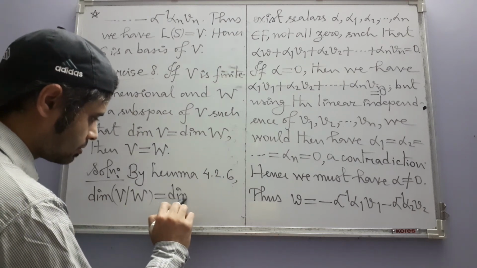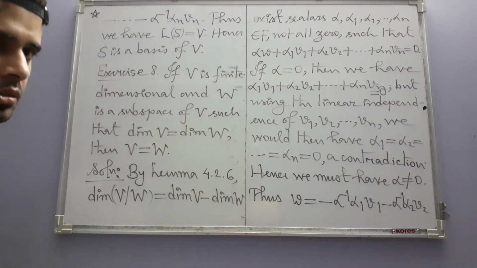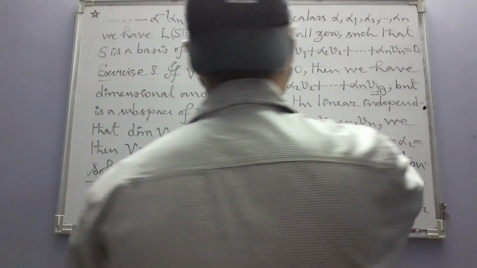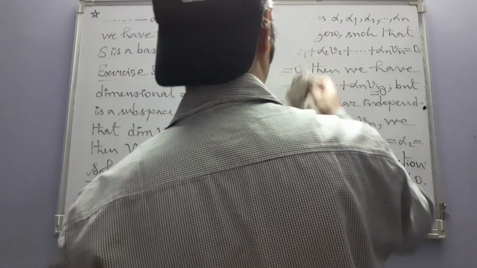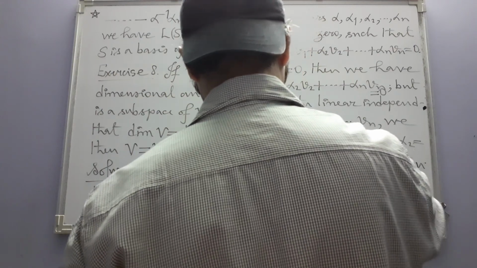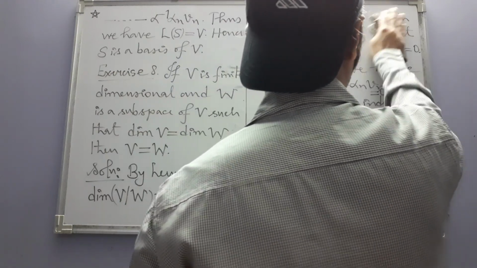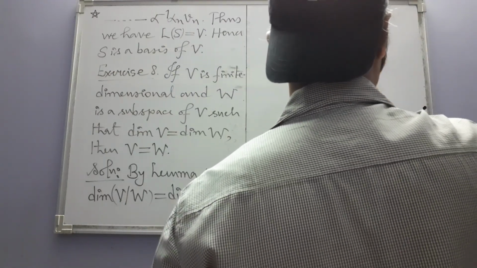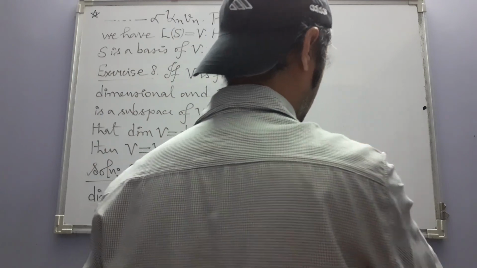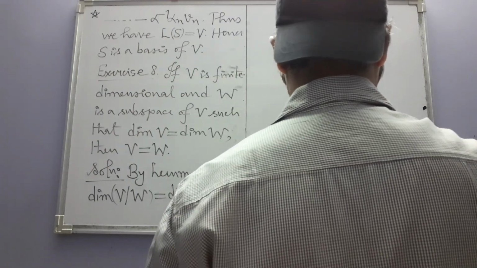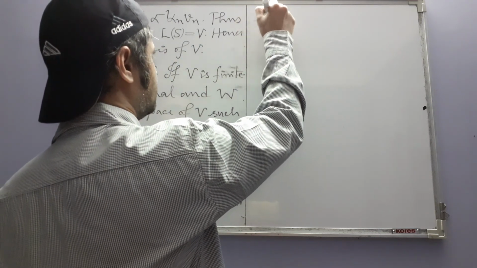Its dimension is dimension of V minus dimension of W. That now becomes 0.